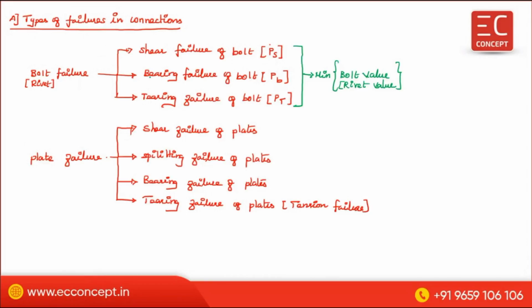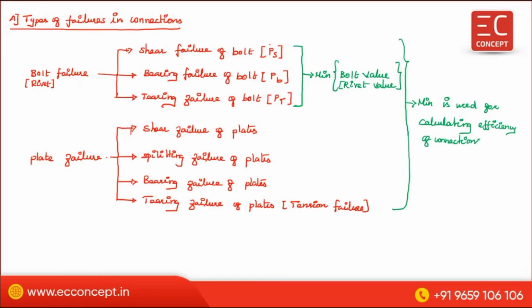Now the minimum of these seven is used for calculating the efficiency of connections.